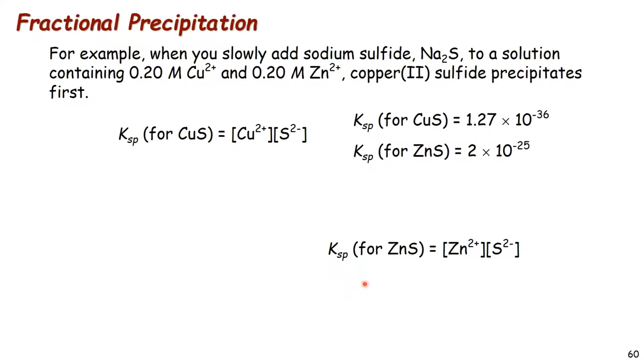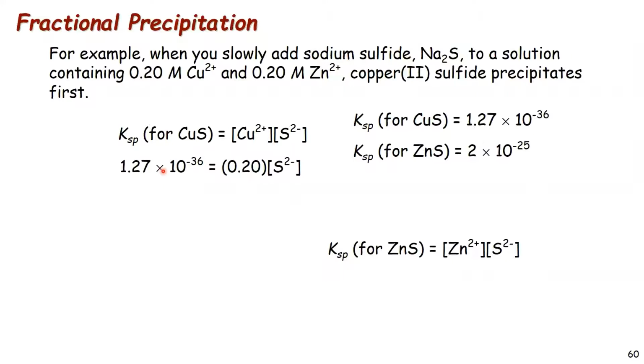Well, the most I could possibly add is when the zinc 2 sulfide solution would be saturated, right? So I can have a saturated solution of the zinc 2 sulfide. I just have to figure out what the sulfide concentration would be at that saturation point.